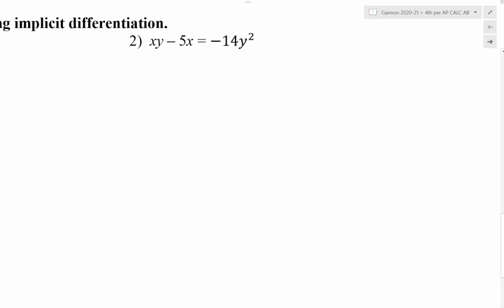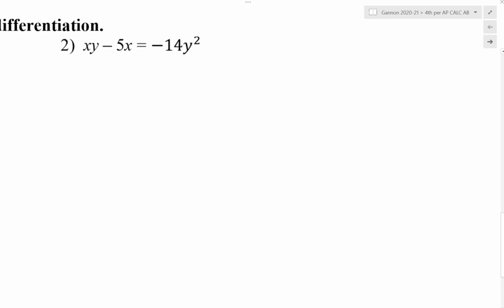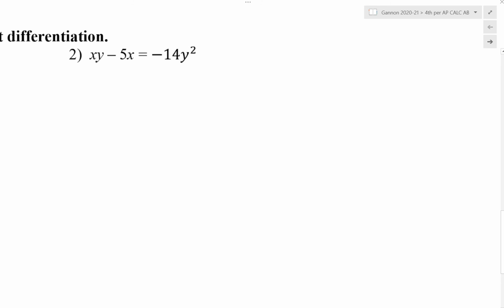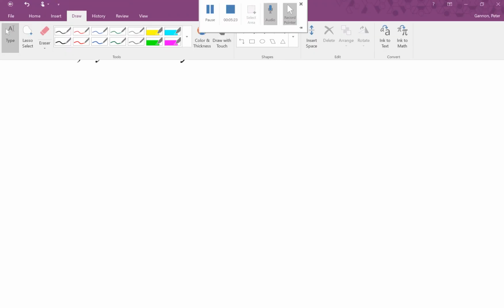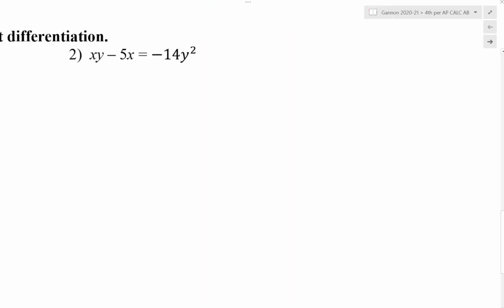All right, another example, a little more complicated, number 2. This time we have xy minus 5x equals negative 14y squared. This is a situation where even if we wanted to, we really can't get y by itself, so that implicit piece is necessary. What we want to recognize first is that xy is a product, so when we take the derivative of xy, we have to apply the product rule.